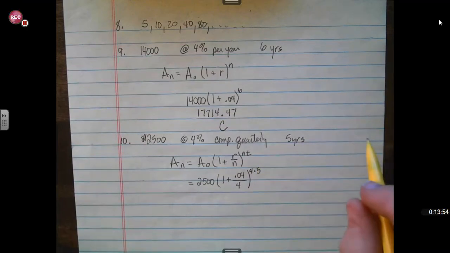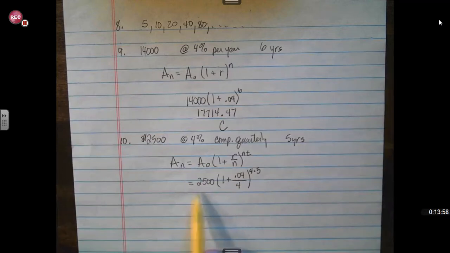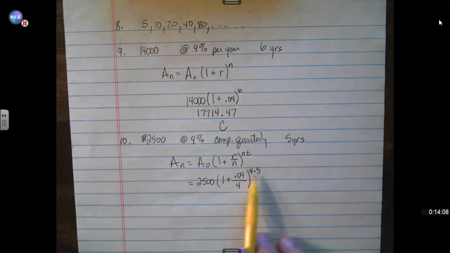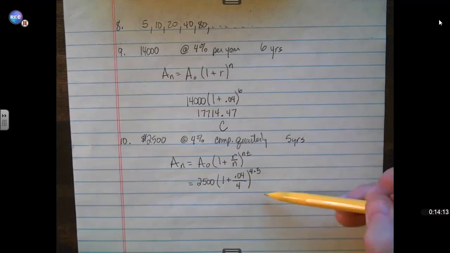Some of you have been having trouble putting this in your calculator. If you put in 2,500 and then a parenthesis 1 plus 0.04 over 4 parenthesis, that's all fine. But then if you raise it to 4 times 5, when it does the times 5, that comes back down.